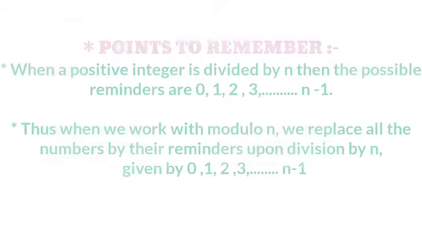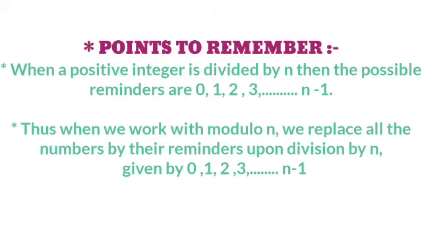Some points to remember: when a positive integer is divided by n, the possible remainders will be 0, 1, 2, 3 up to n minus 1. Thus when we work with modulo n, we replace all numbers by their remainder upon division by n, given by 0, 1, 2, 3 up to n minus 1.